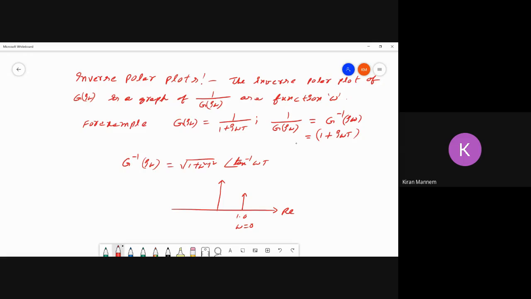And here omega tends to infinity, you have a parallel line. This would be minus 90 degrees, 0 degrees, minus 180 degrees, minus 270 degrees, and this is j omega. You'll get a parallel line, right? So when omega is increasing, you have a constant real part.